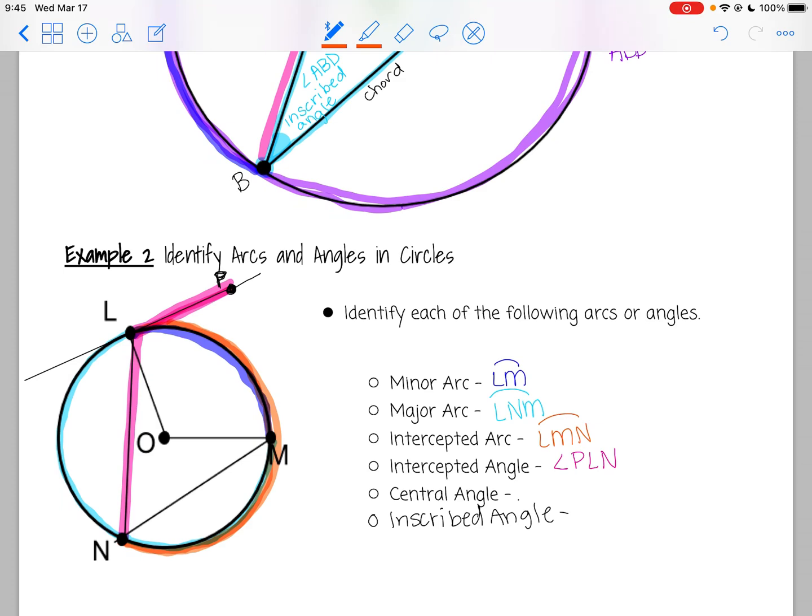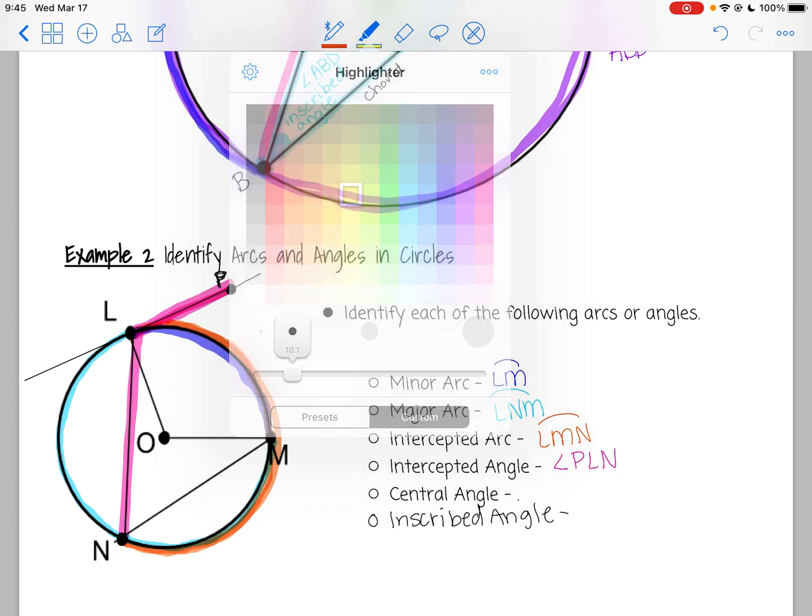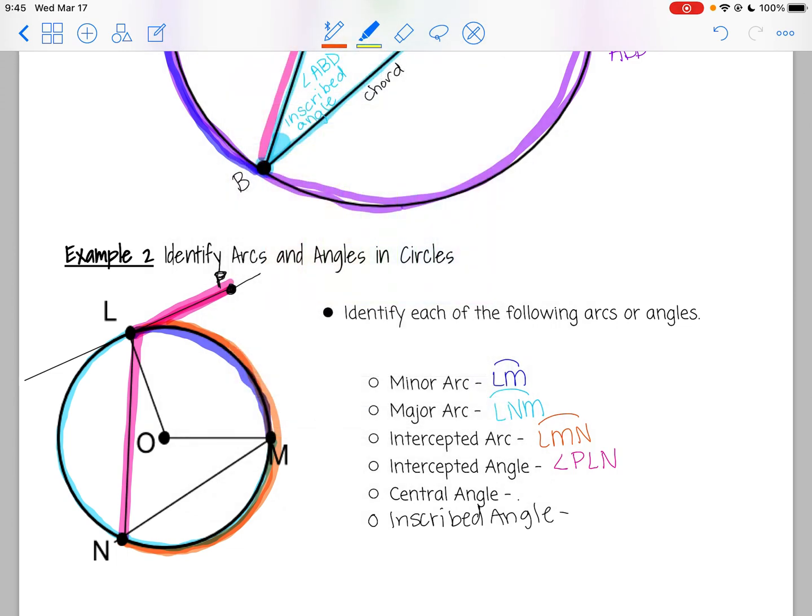All right, next we're going to look at the central angle. My central angle is going to be created by 2 radii that meet at the center point. So I see these 2 radii, LO and OM, and that creates my central angle. So the name of my central angle here is going to be angle LOM. And then the last thing I need to name is my inscribed angle.